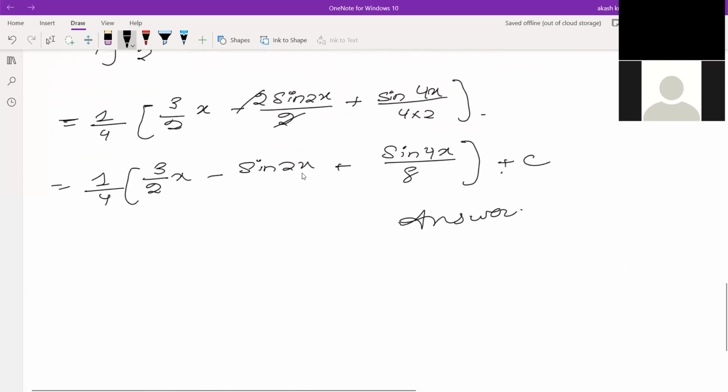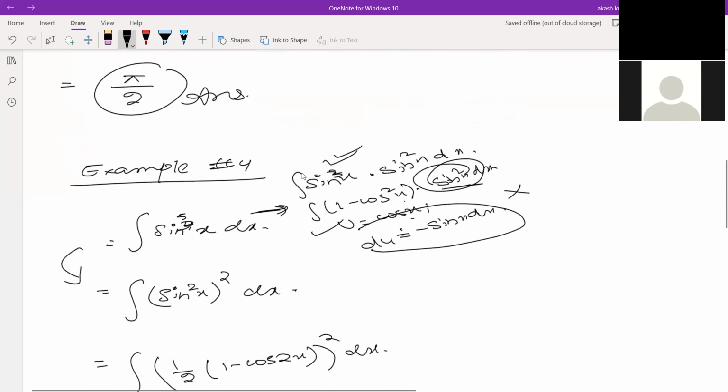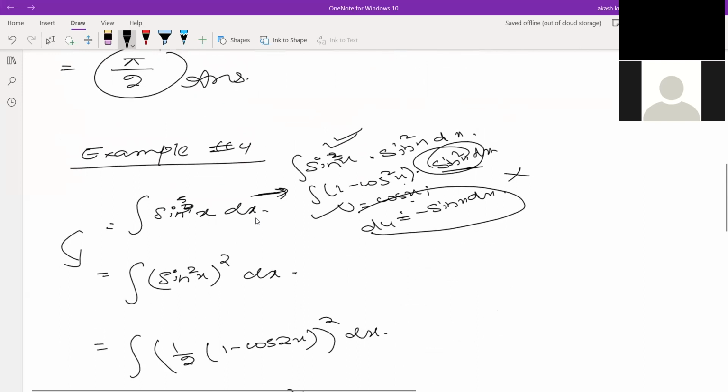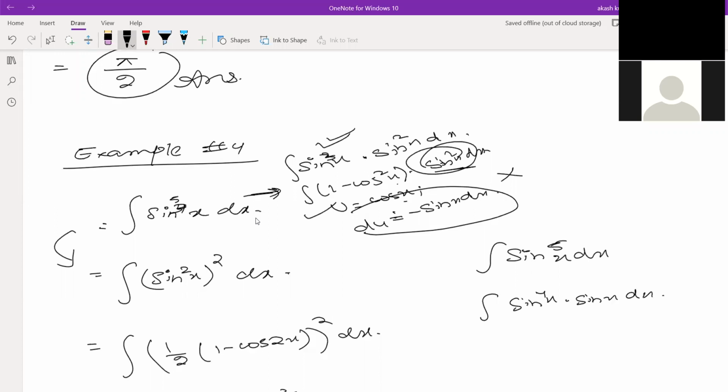If we had here sine to the 5, let's say, we would do sine squared and then squared again. If we have sine 5 x outside, dx, then we can write our function something like this: sine 4x and sine x dx.